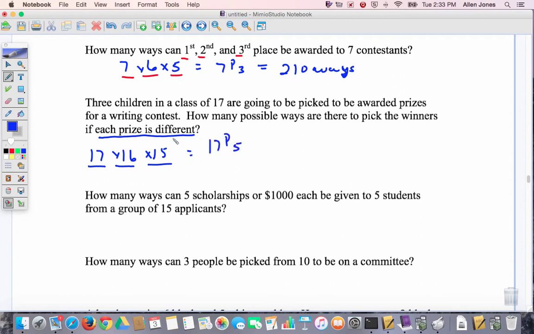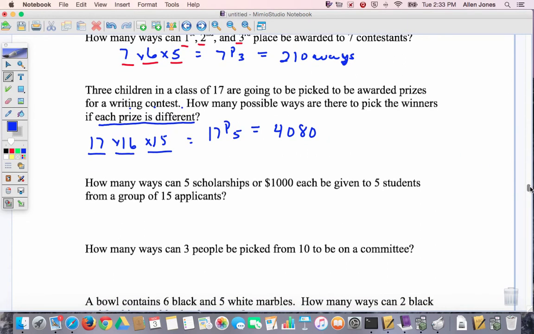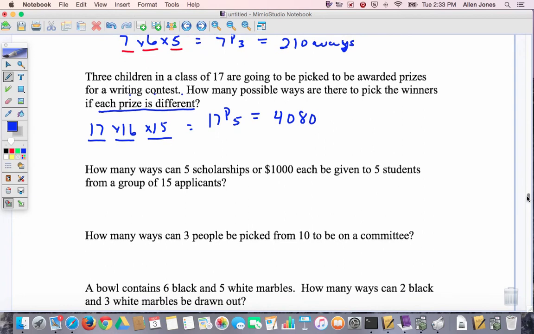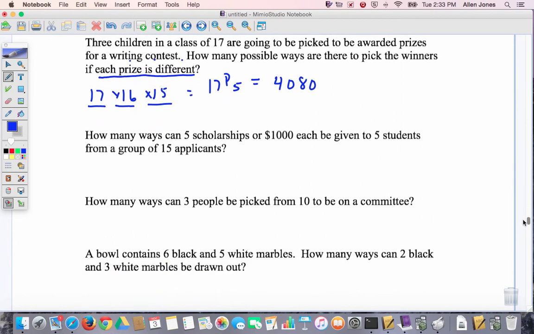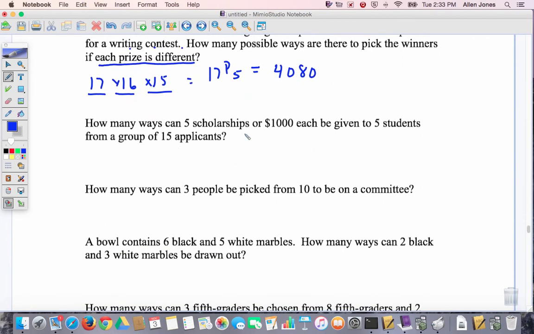Now, I pointed out that each prize is different. That makes it a permutation. It's like my 50, 25, and 10 idea. If each prize is different, the order you finish in makes a difference. And 17P3, or 17 times 16 times 15, is 4,080 ways to get those three winners. Each prize is different, so notice how that one's different than our next one.